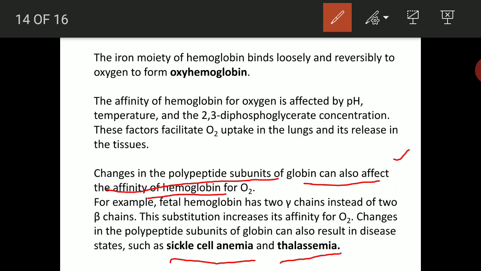And thalassemia is a quantitative defect, of two types: alpha thalassemia and beta thalassemia. If alpha chain formation is defective, it is called alpha thalassemia. If beta chain formation is defective, with decreased quantity, then it is beta thalassemia. In both cases, the affinity of these hemoglobins will be less, and they will carry less oxygen.